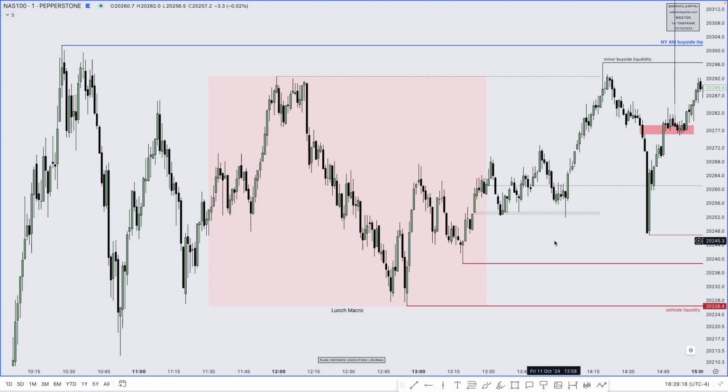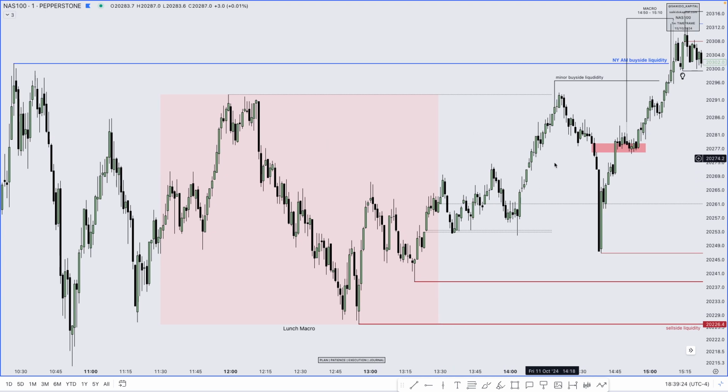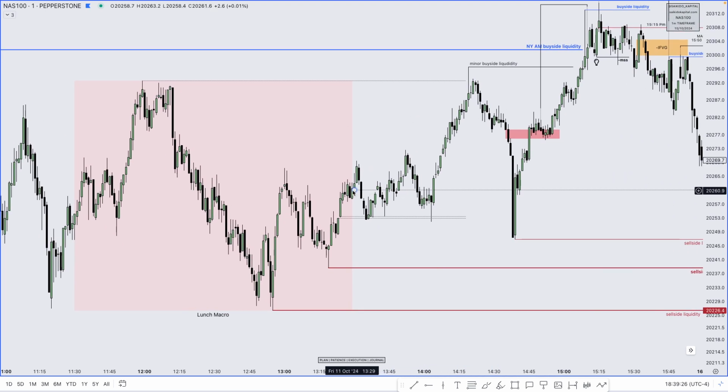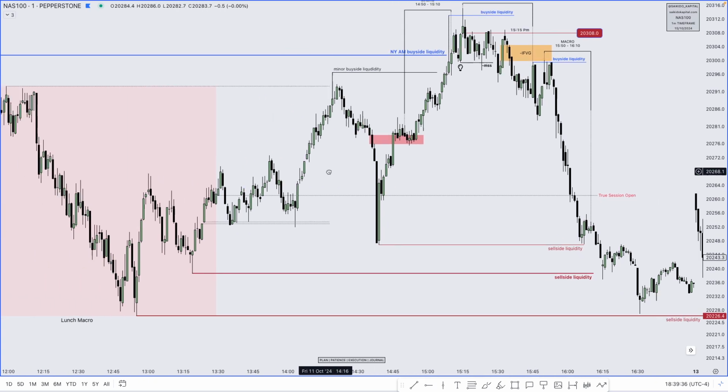Okay, but sometimes you can see. I just want to show you here because we opened at 1:30. The PM session begins at 1:30 p.m. The opening price at 1:30 is that horizontal line. As you can see, I extended our true session open for the PM session.